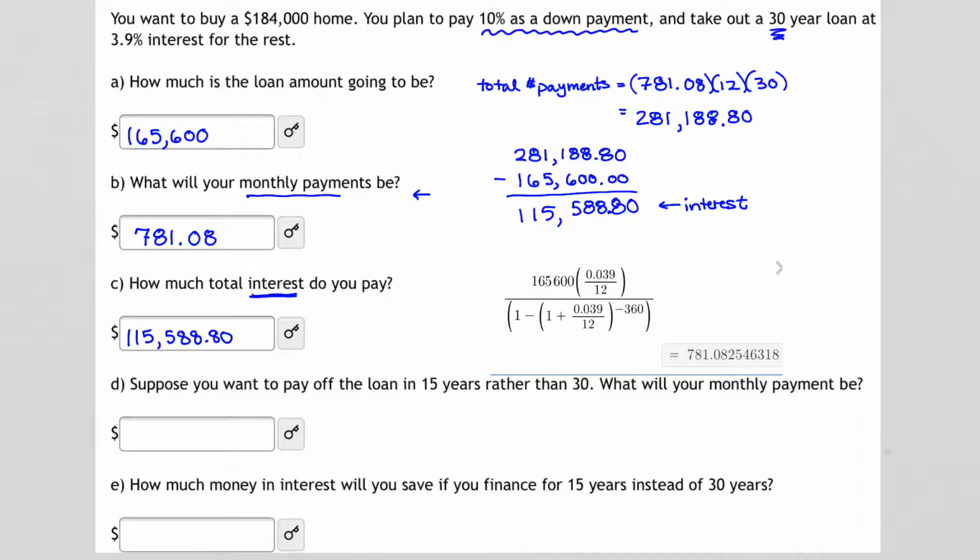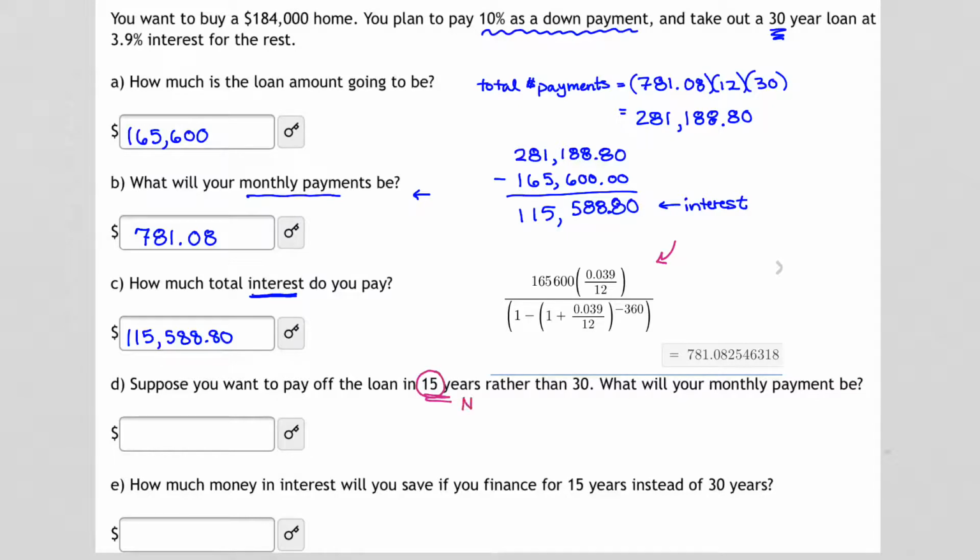In Part D, we're going to do the exact same thing, except this time we're going to use a 15-year loan. So we're going to have the same formula as before, the same interest rate, the same K value, the same loan amount. The only thing that changes is that instead of 30 years, we have 15 years.